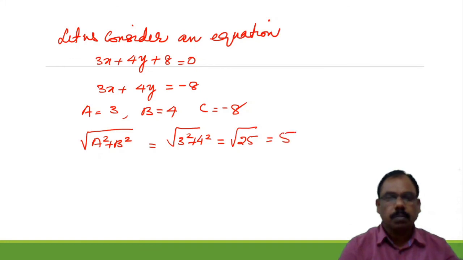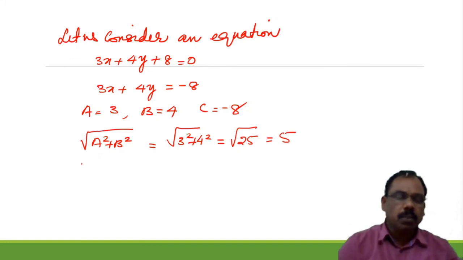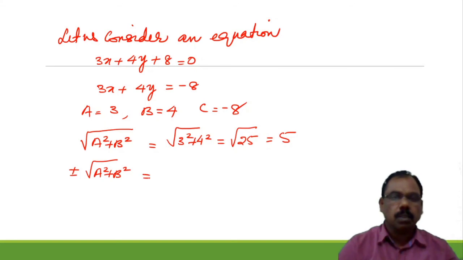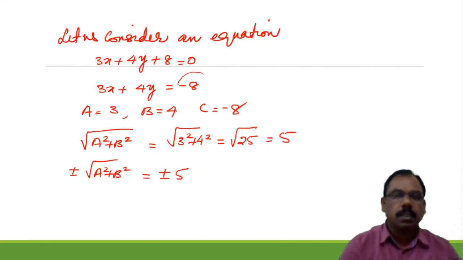to 5. Now, we need to divide throughout by plus or minus root of a square plus b square, that's equal to plus or minus 5, so that the RHS is positive. We know that the RHS is negative, so we need to divide throughout by minus 5.